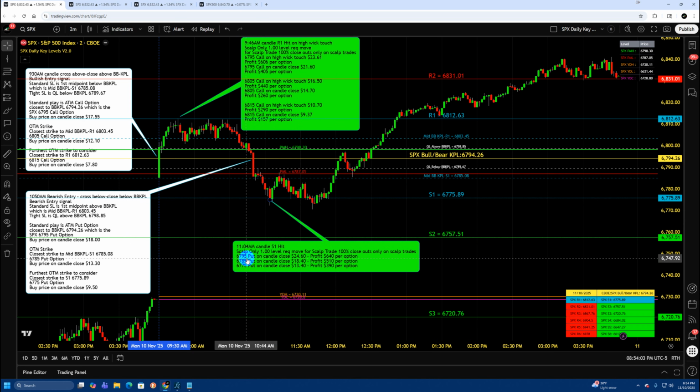So on this candle close, 24.60, $640 per option on the at the monies. 67.85 on the candle close, 18.40, profit 5.10 per option. Furthest out of the money, 67.75 put on candle close, 13.40, profit 3.90 per option.